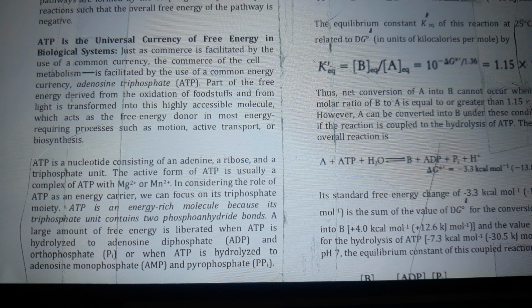ATP is the universal currency of free energy in biological systems. Just as commerce is facilitated by the use of a common currency, the commerce of the cell, metabolism, is facilitated by the use of a common energy currency, adenosine triphosphate, ATP. Part of the free energy derived from the oxidation of foodstuffs and from light is transformed into a highly accessible molecule, which acts as the free energy donor in most energy-requiring processes such as motion, active transport, or biosynthesis.